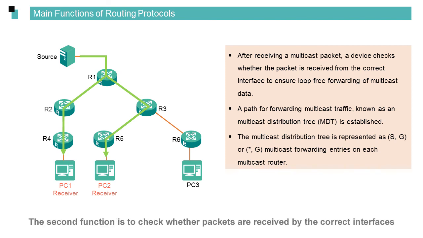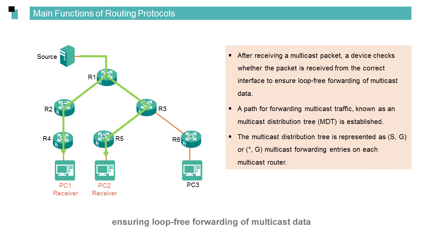The second function is to check whether packets are received by the correct interfaces, ensuring loop-free forwarding of multicast data. The third function is to create multicast forwarding entries. A multicast router uses a multicast routing table to guide traffic forwarding along multicast routes.